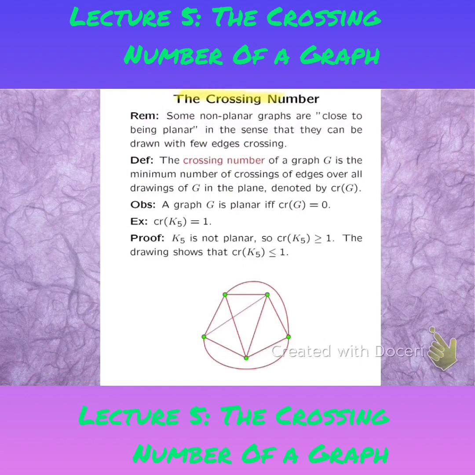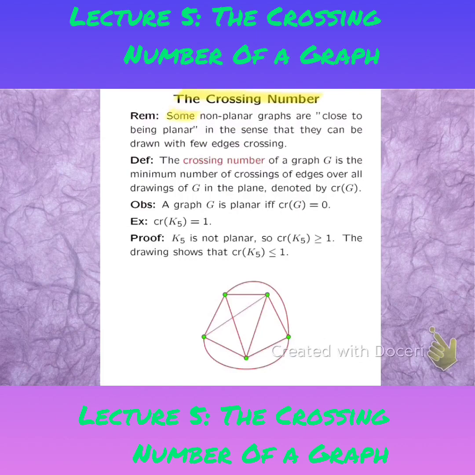So it's amongst all the drawings of the graph. If you count all the crossings of each one of the drawings, you look at the smallest value amongst all of those values, and that is the crossing number of a graph.